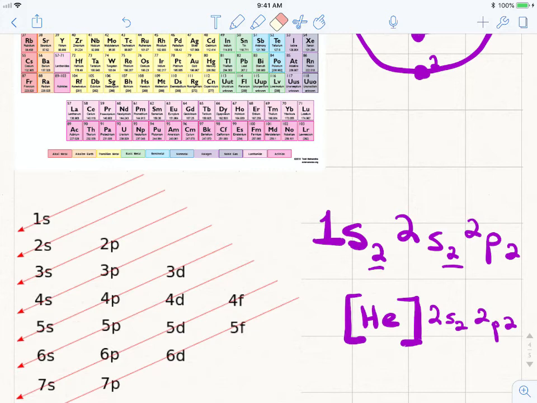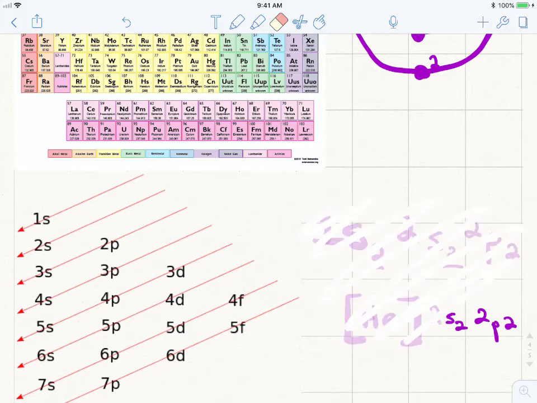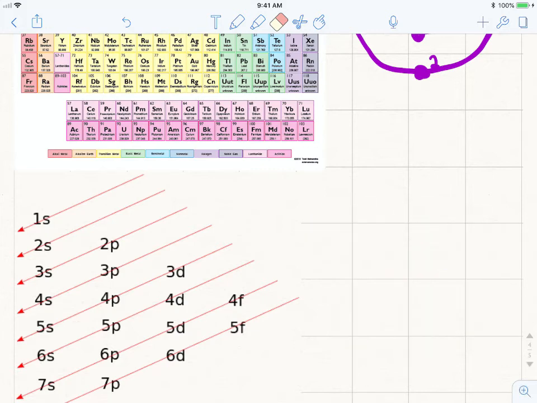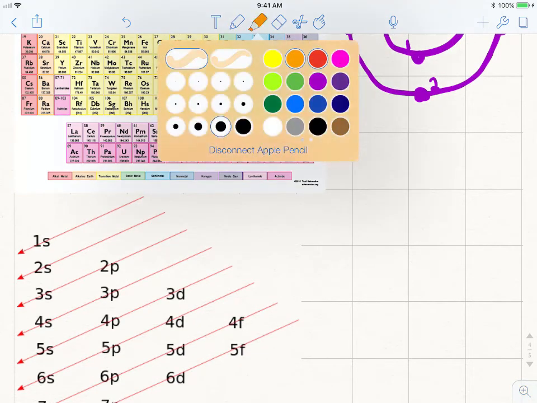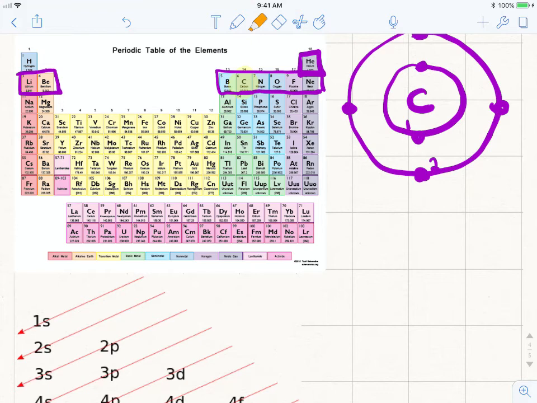I'll even erase this. You can pause it and copy it if you need to, but we are going to go a little bit further, and we are going to do, let's do magnesium. Okay. Let's do magnesium, which is 12 on the periodic table. So we're going to have 12 electrons that we need to deal with here.